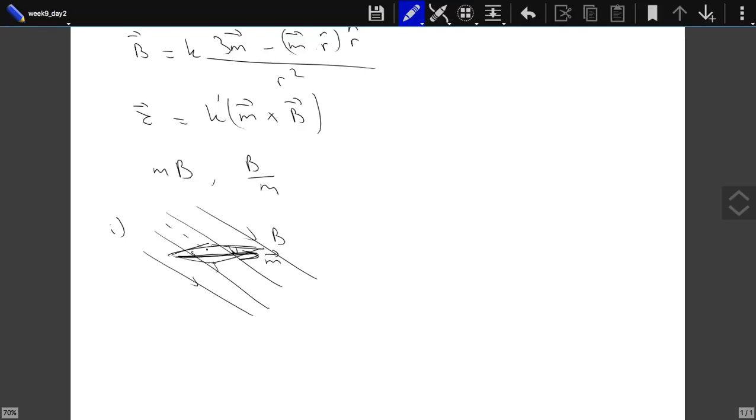And let's assume that it makes an angle theta with the magnetic field. So what will be the direction of the torque? It will be into the screen. Let's say that is the z-axis. So the torque acting on this dipole will be just k m B sine theta.